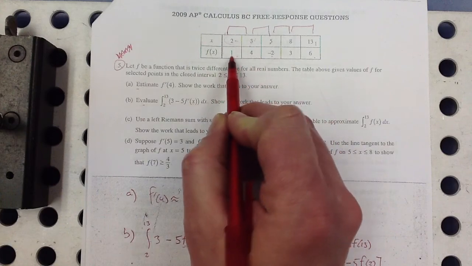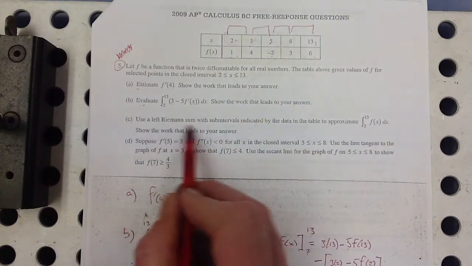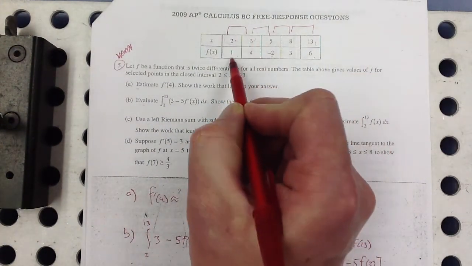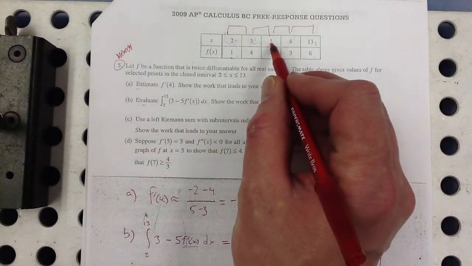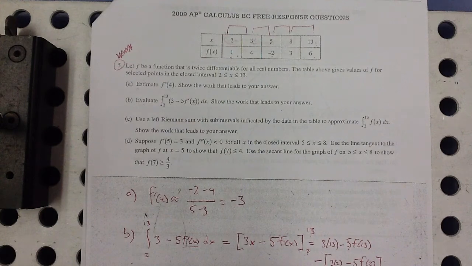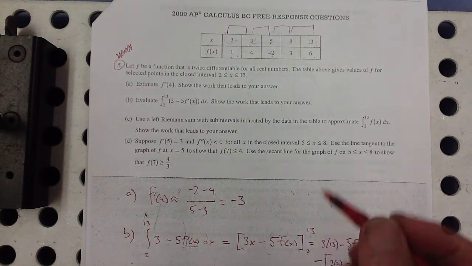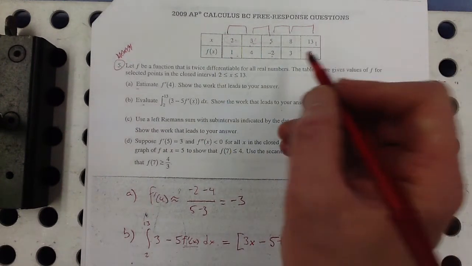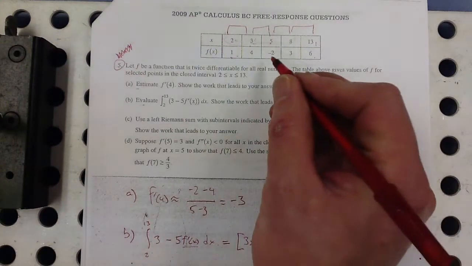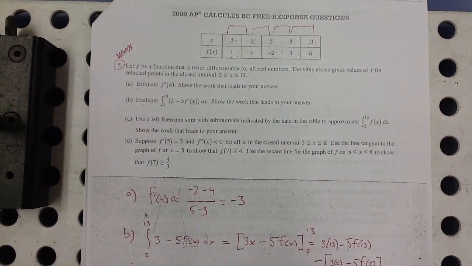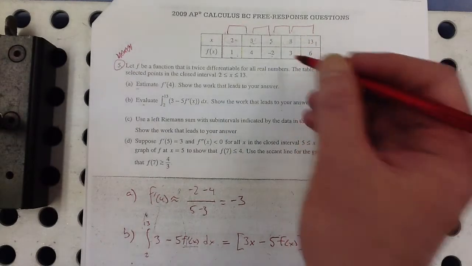I'm always using the left endpoint, right? They asked me to do a left Riemann sum. So it's 1 wide and 1 high. The next one is 2 wide and 4 high. The next one is 3 wide and negative 2 high. And the last one is 5 wide and 3 high.